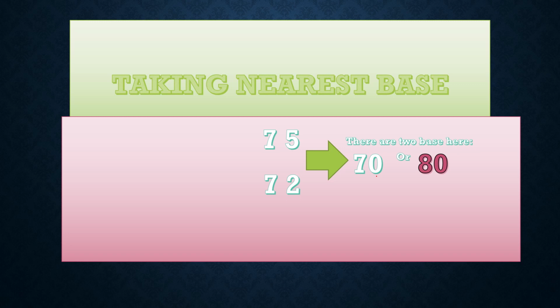Here, 70 and 80 are the nearest values to this. And I will take 70 because it is convenient to me. It is an easier way. We should take our nearest base. If 99 is here, then I should take 100 because it is nearest.